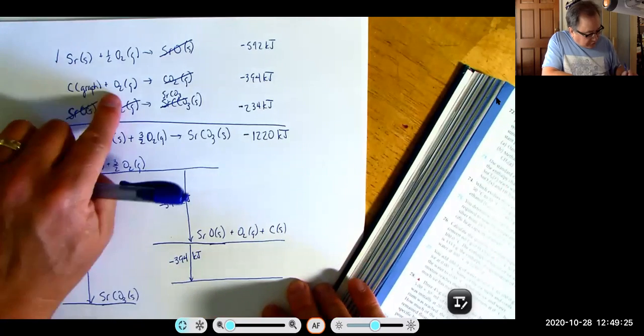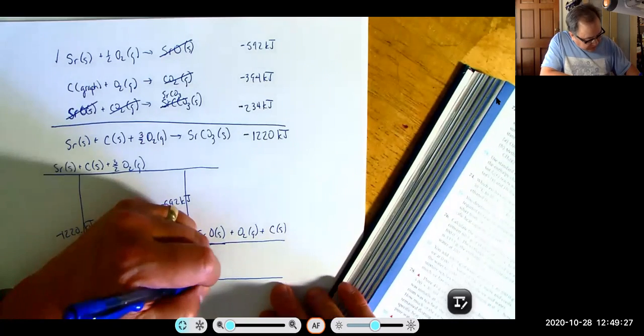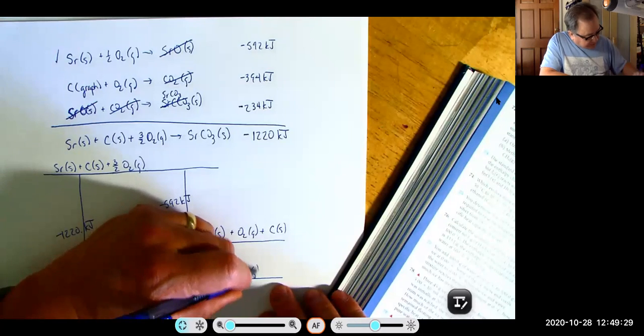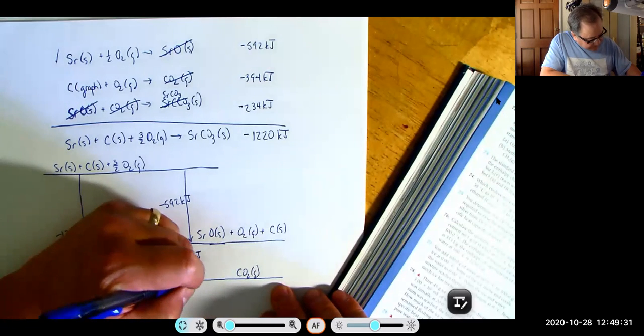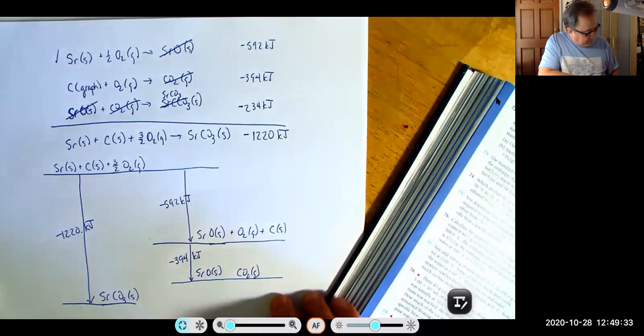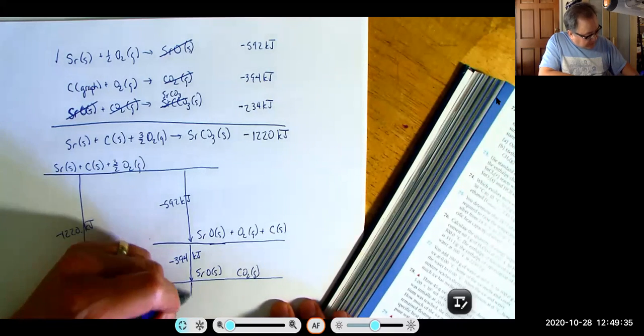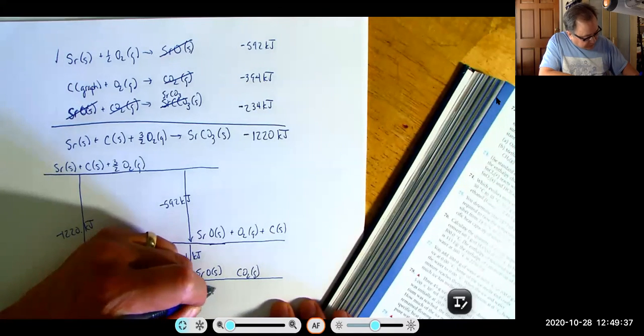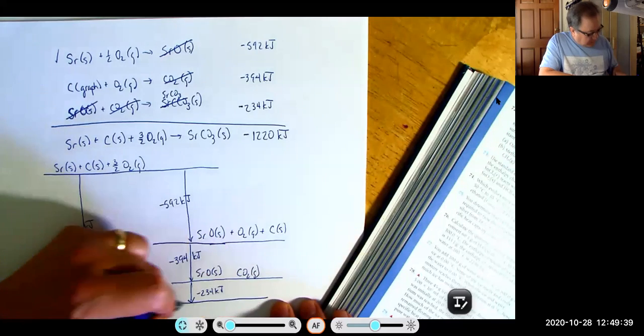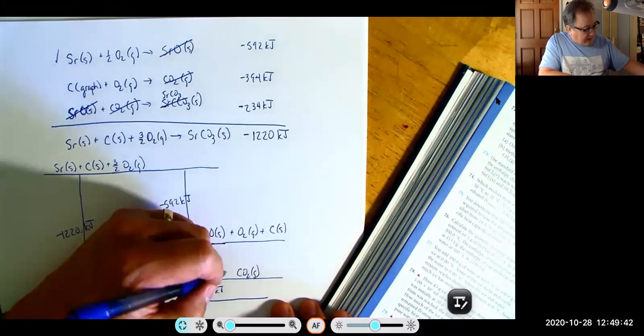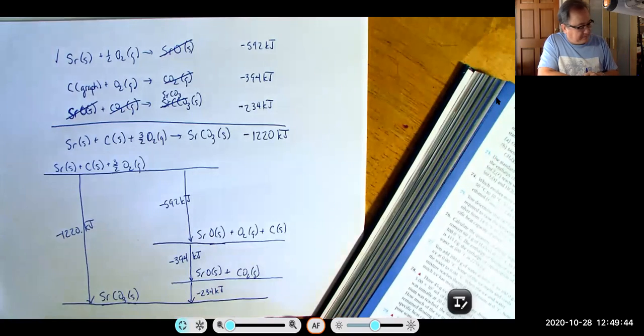C plus O2 make you CO2. What happens to the strontium oxide? Nothing. And then you have your minus 234 kilojoules right there when those two react and make strontium carbonate.